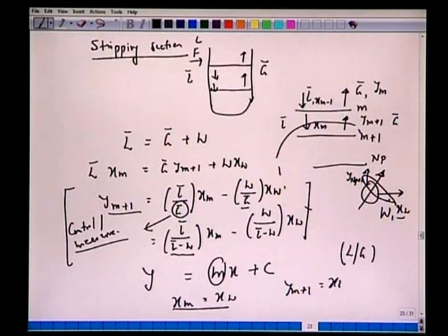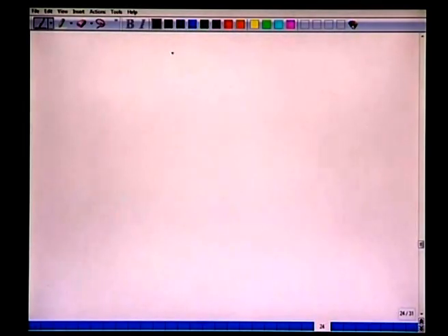All it means is that this coordinate also lies on this operating line as well as on this 45-degree line.